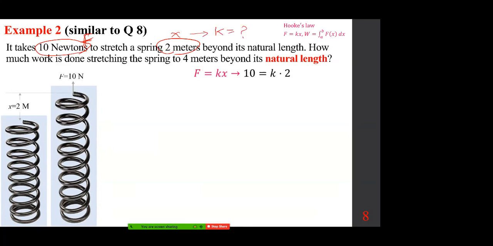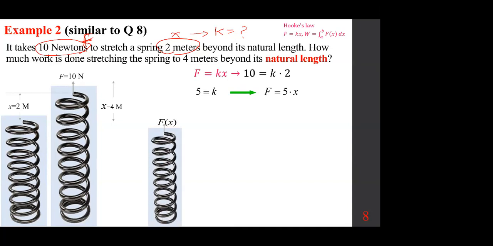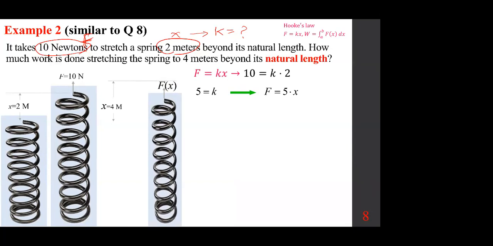You are going to find the K first. So just plug in, and you find K to be 5, which means the general formula F equals Kx becomes F equals 5x.